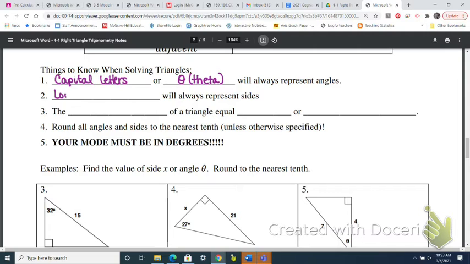Lowercase letters will always represent sides, and the interior angles of a triangle equal 180 degrees, or the two remaining angles add up to 90.